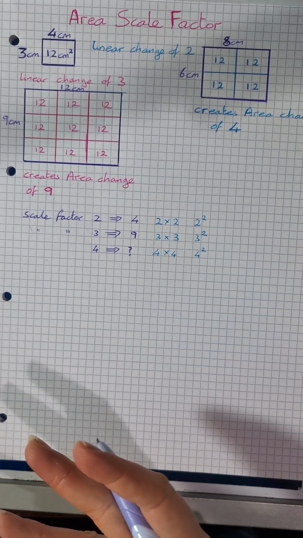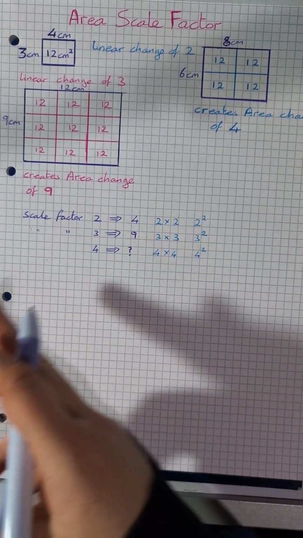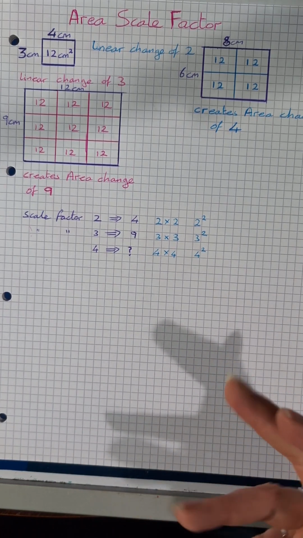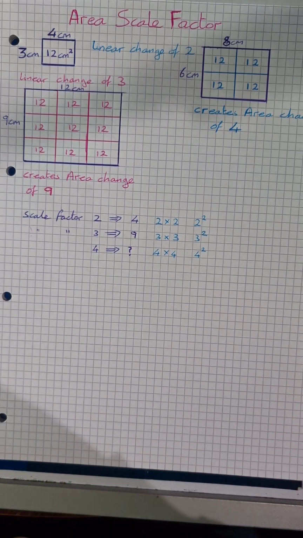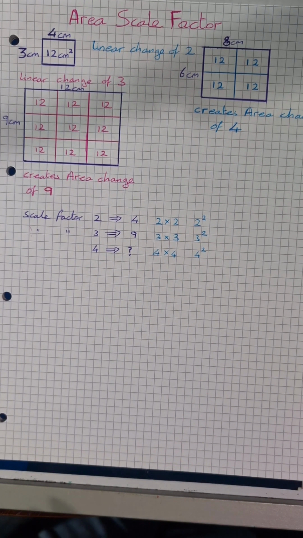So an area change creates a scale factor change from the linear to the square. So you will always have to find what the difference is between your two images in the linear and then square it to find the area change. Or the reverse if the question gives you the area change and asks for the linear.